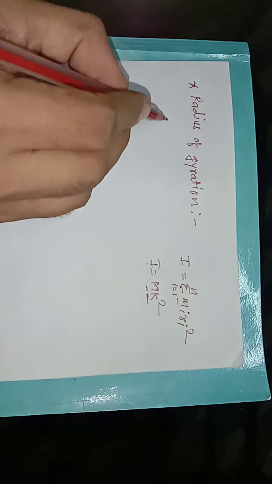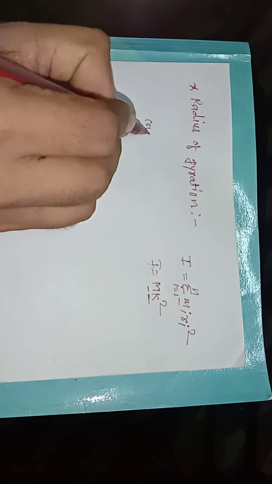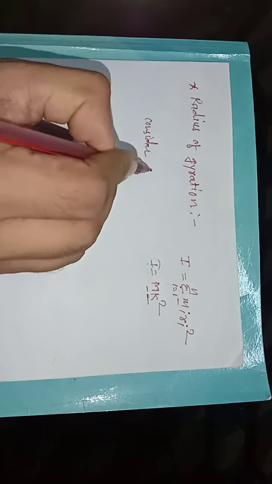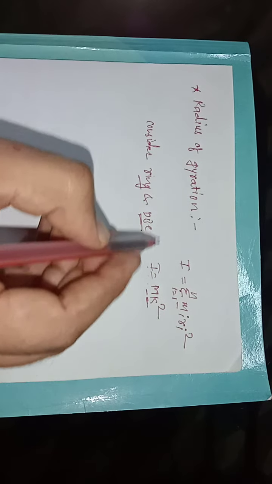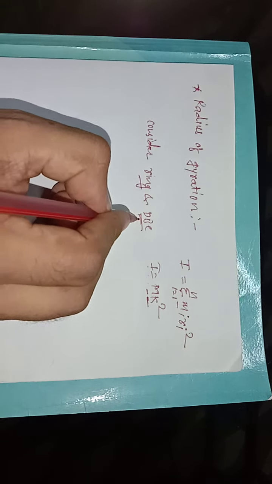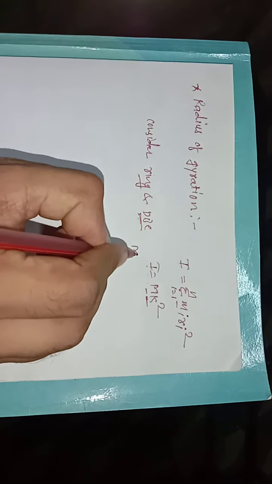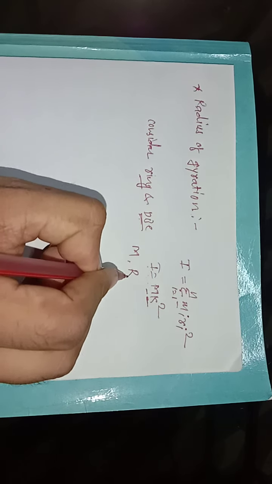Now we are taking one example of that. Consider a ring and a uniform disc of same mass m and same radius r.